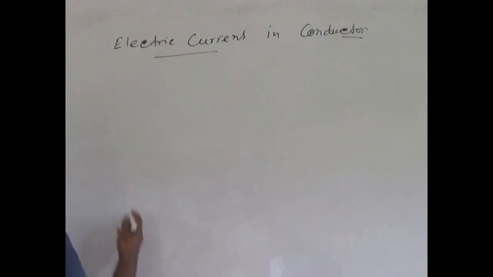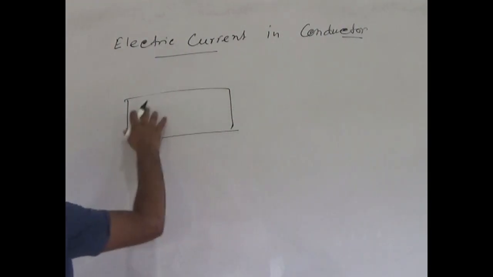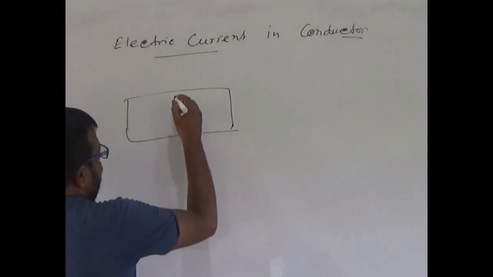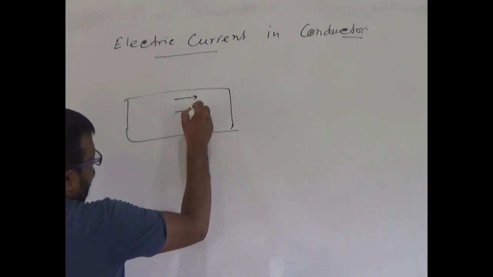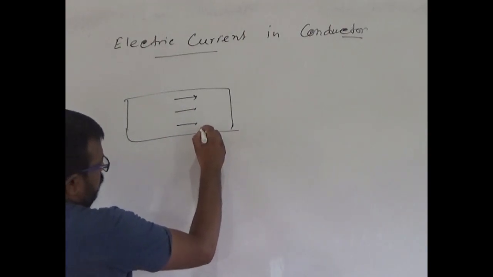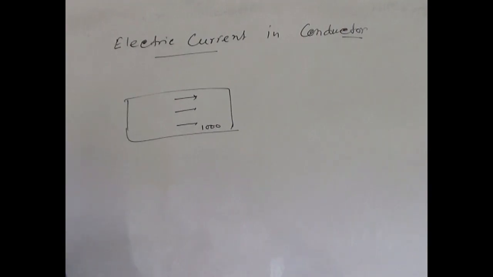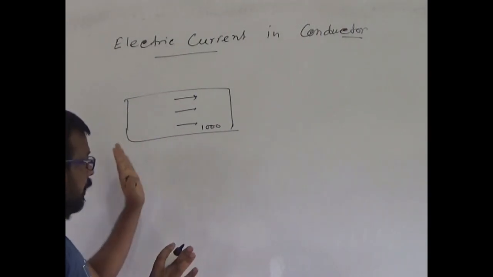That means if we take a bulk material, there is a large number of free electrons, and due to thermal motion, let us say a large number of free electrons, let us say 1000, are moving at a particular instant from left to right.